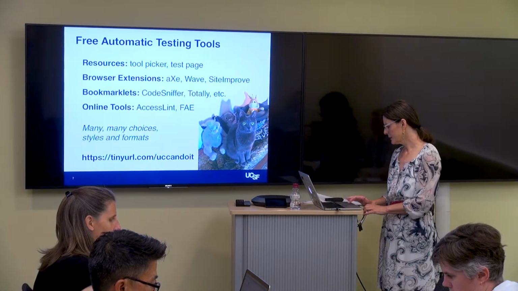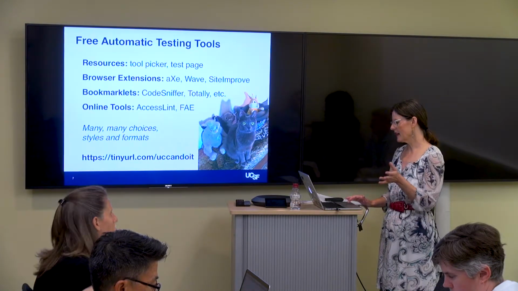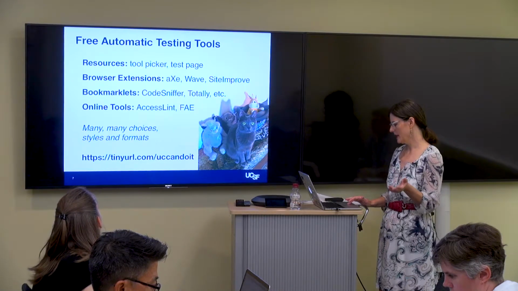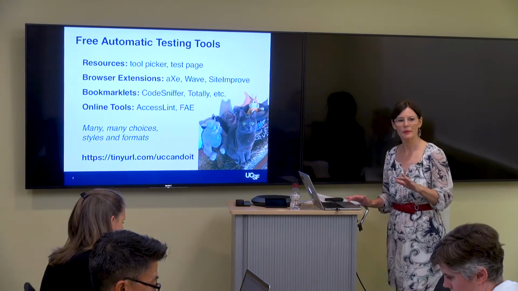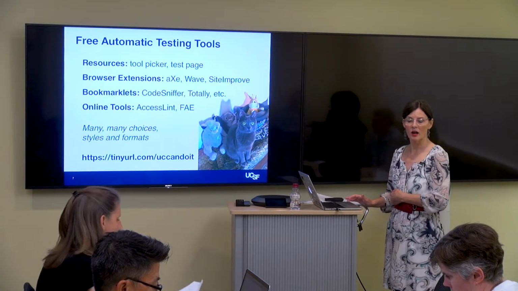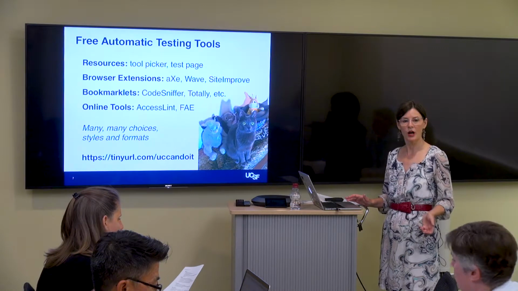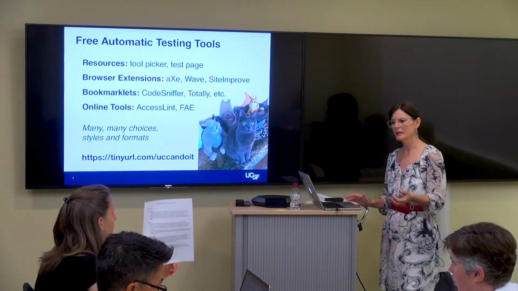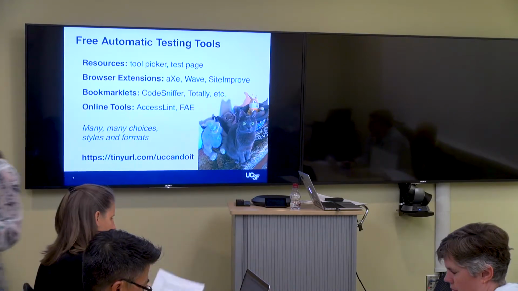Back to WCAG. So the free automated testing tools are on the list. There's a list I passed out that's the top things to check for, the most common errors, like the top 12. That's WCAG, which is good.